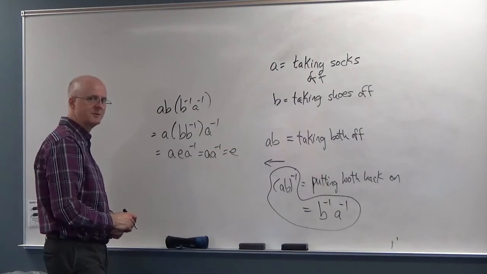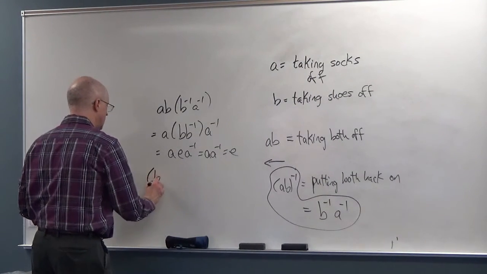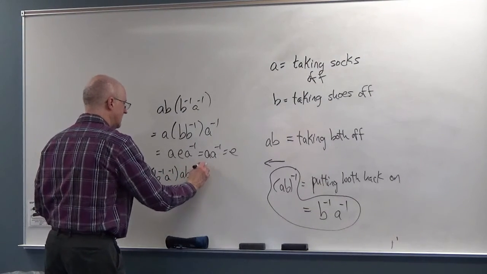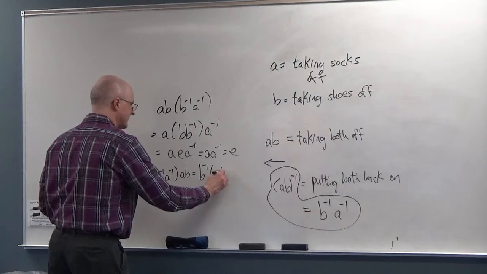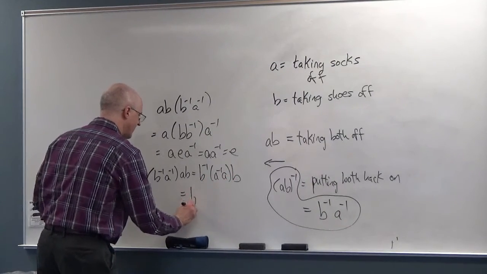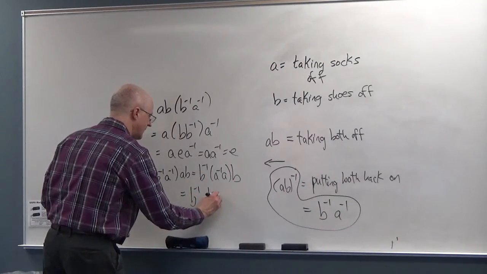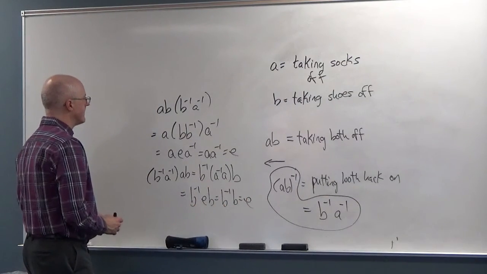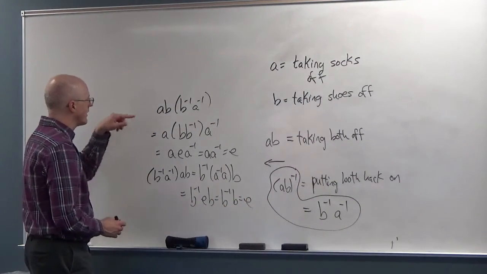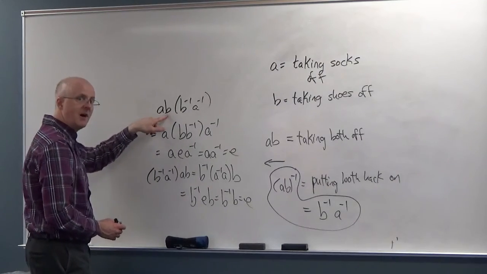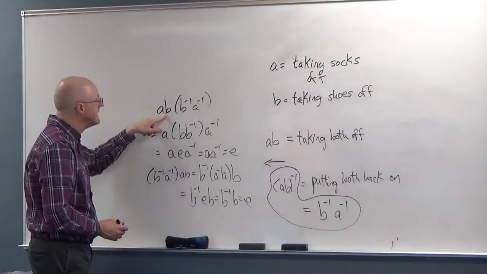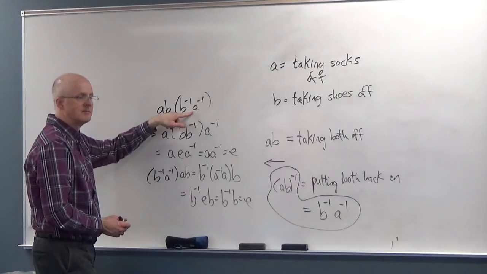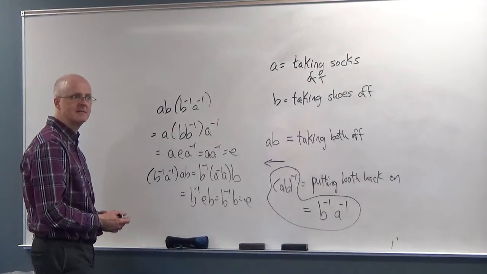Technically, we should check the other direction as well, but it's basically the same kind of steps. Therefore, the inverse of the element AB is the element B inverse times A inverse, because these products equal the identity.